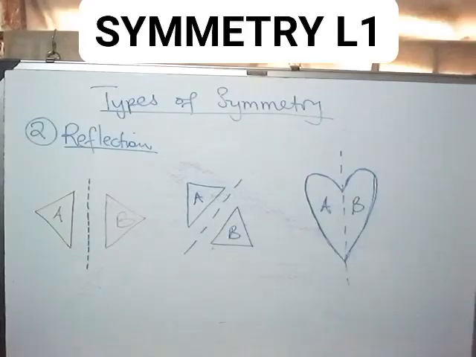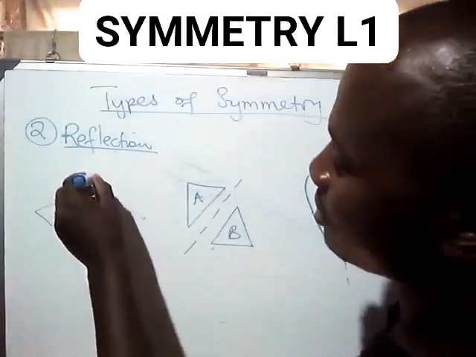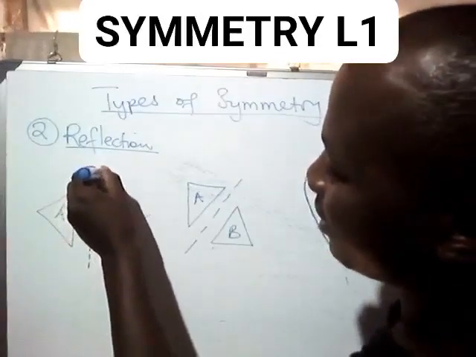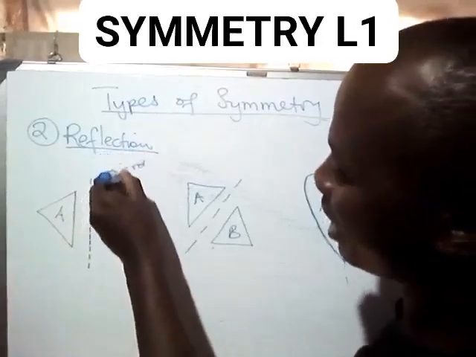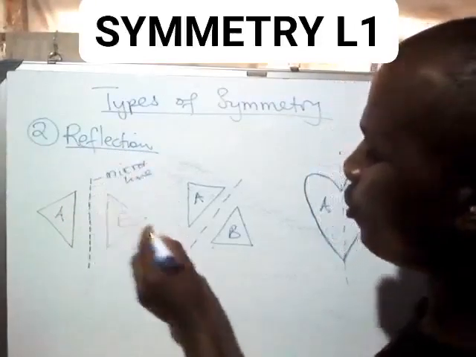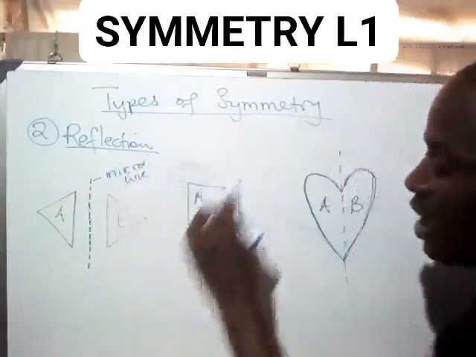If you go under transformation, you find that this line is known as a mirror line. So all these lines we are seeing there are known as mirror lines.